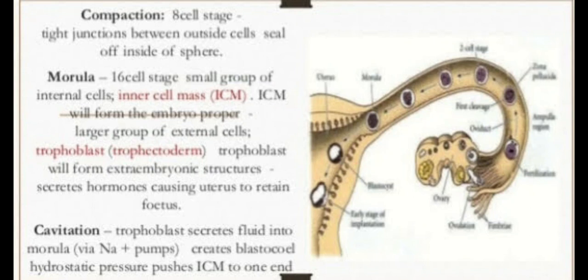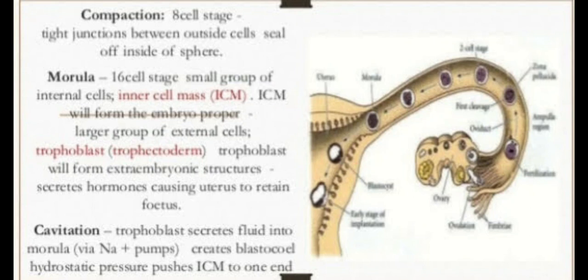They are also sometimes referred to as trophoectoderm. This will later on form the extra embryonic structures. That is, they will form the placenta, which secretes hormones causing the uterus to retain the fetus.